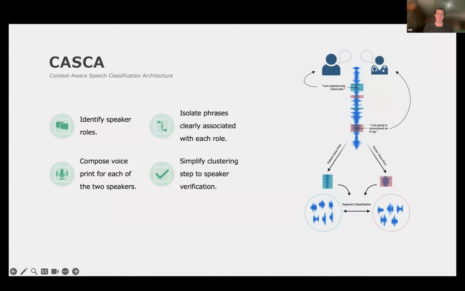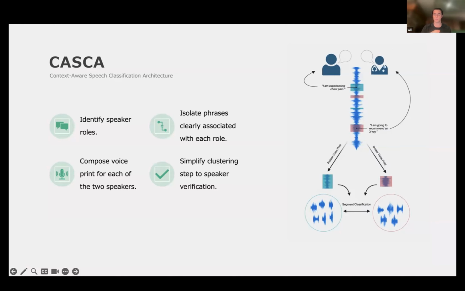Anyway, from a really high level, and this is diagrammed here on the right in that medical conversation, it first identifies speaker roles. In this case, we're going to have a doctor and a patient in the conversation. And then it identifies phrases within the conversation that are clearly associated with one of those roles. Some phrases, like how are you doing today, might be more likely to be the doctor, but aren't dispositive one way or another.